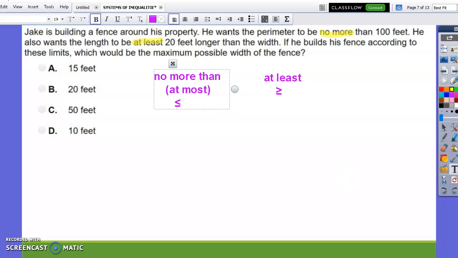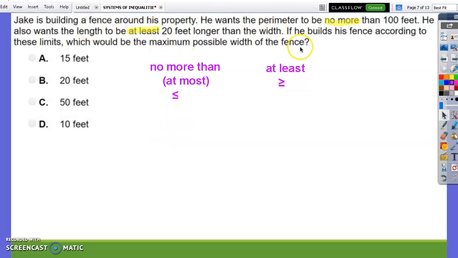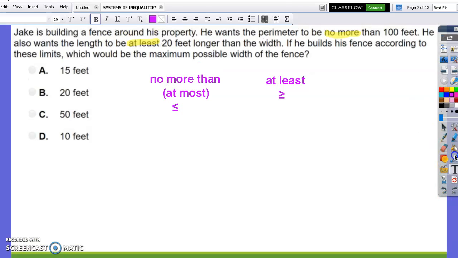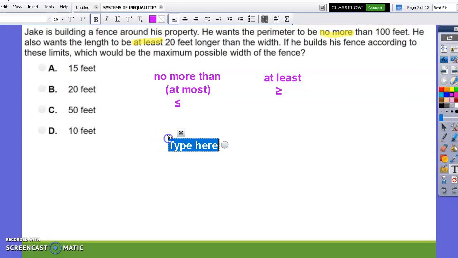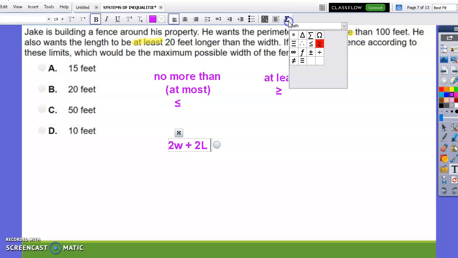So let's go back, check this out. The first thing that he gives us is he wants the perimeter to be no more than 100 feet. So perimeter is 2W plus 2L. I'm going to make it a capital. No more than, so less than or equal to 100.